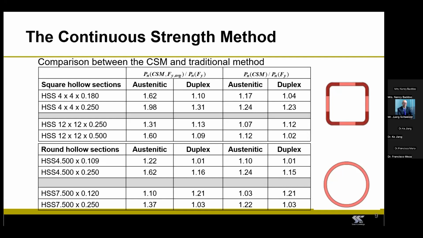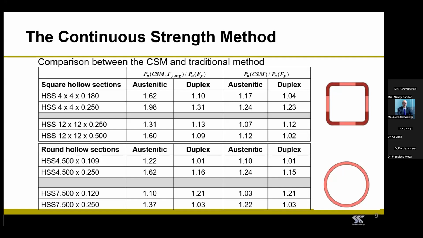So you can see that if you use the continuous strength method using the nominal yield strength, so in this case, you should be looking at the last two columns of the table, you can get an increase in compressive strength of up to 25% for the most compact cross-section.